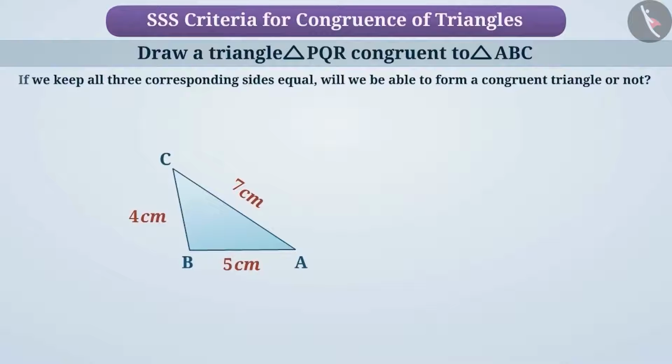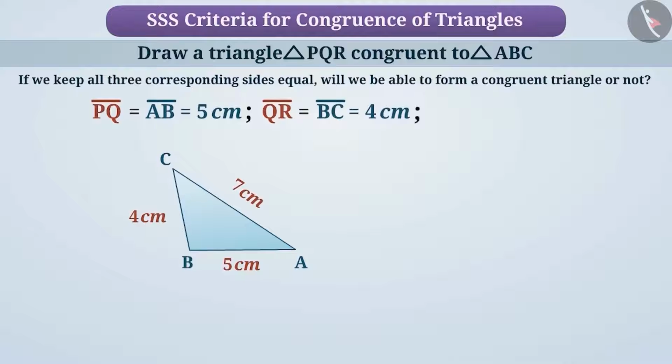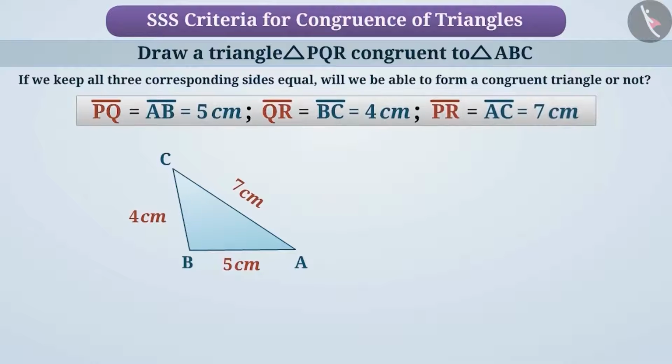Now let's verify if we keep three corresponding sides equal, will we get triangle PQR congruent to triangle ABC or not? To draw triangle PQR, we have PQ is equal to AB is equal to 5 cm, QR is equal to BC is equal to 4 cm, and PR is equal to AC is equal to 7 cm.